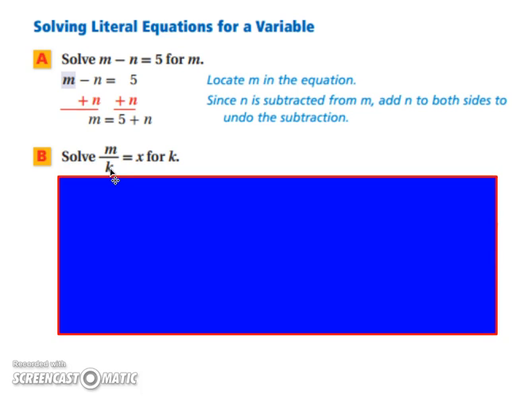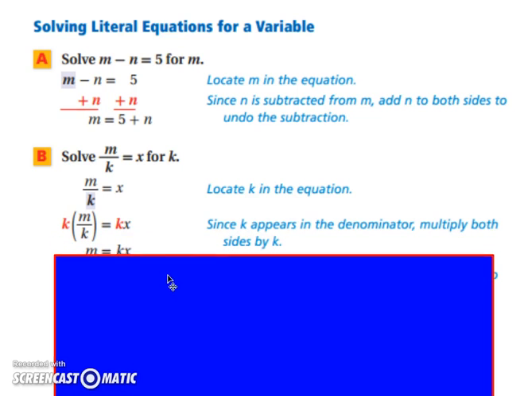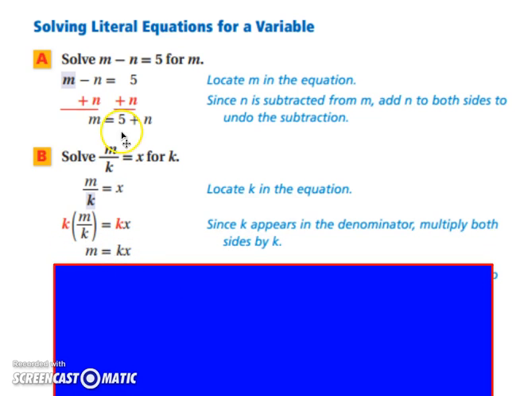So you need to move it first. Alright, so in that case, we're going to multiply both sides by k, which leaves you with m, that's all that's going to be left on your left-hand side, equals k times x, because you multiplied both sides by k.